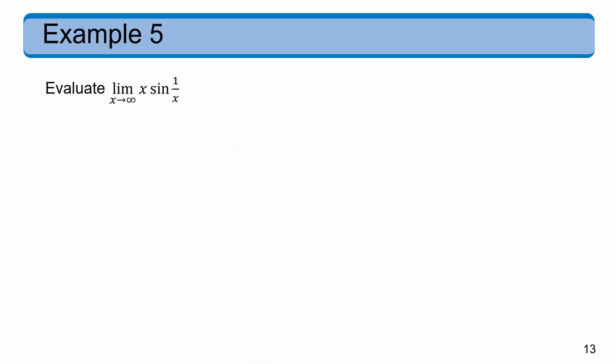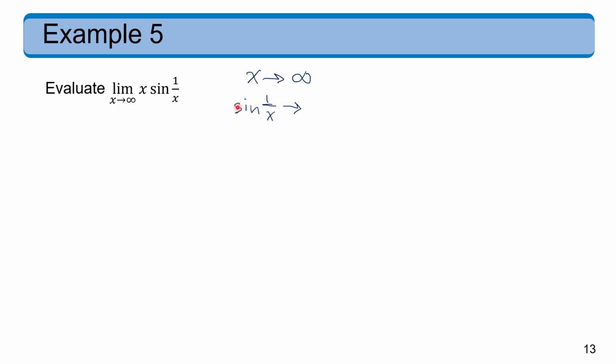Here's another limit. This time x is going to infinity, and we're taking the limit of x times sine of 1 over x. So you can see this is a product of two functions of x. So let's look at each factor, and see what they're approaching individually. The first one's easy, right? As x goes to infinity, the first factor x would also go to infinity. The next one we'll have to think a little bit more. So first figure out what 1 over x is doing.